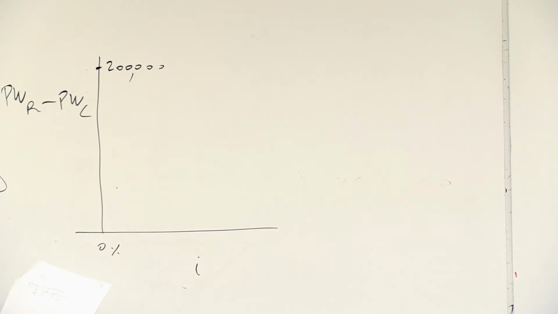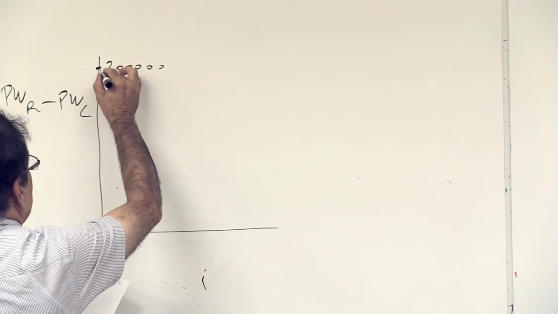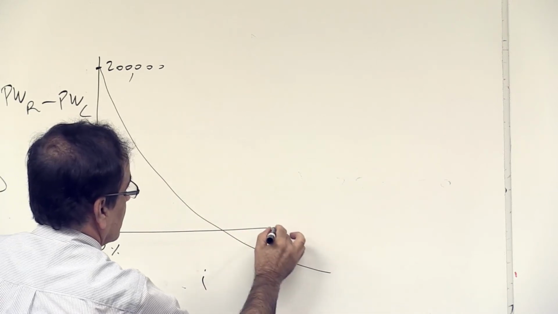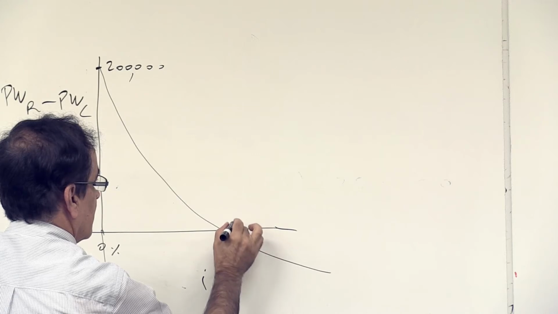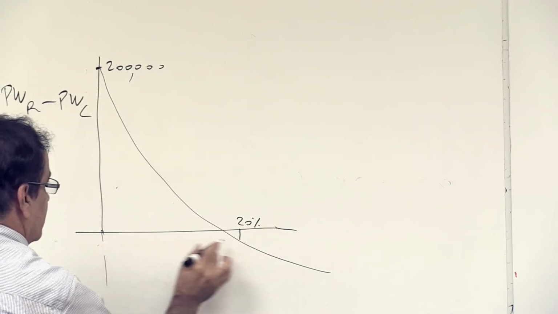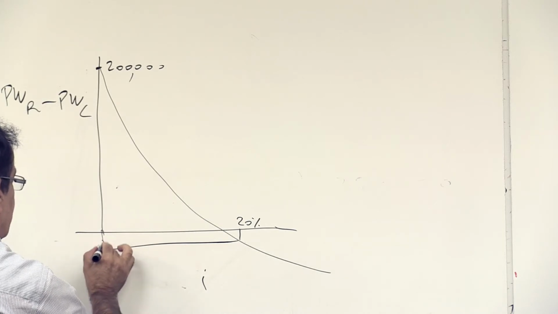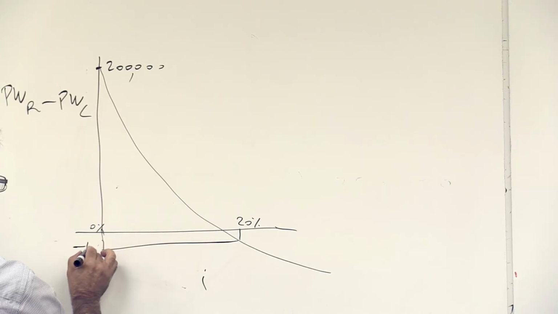And then we did it for at least two values of I. So for example, at I equals 20%, I get a negative value of 440.